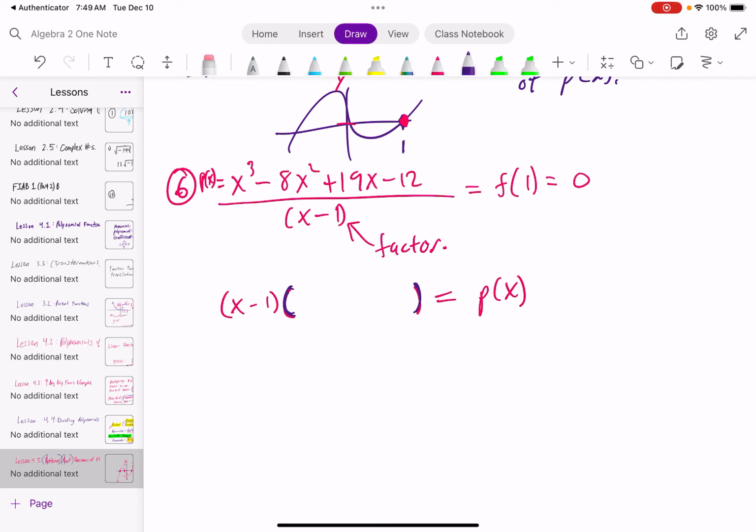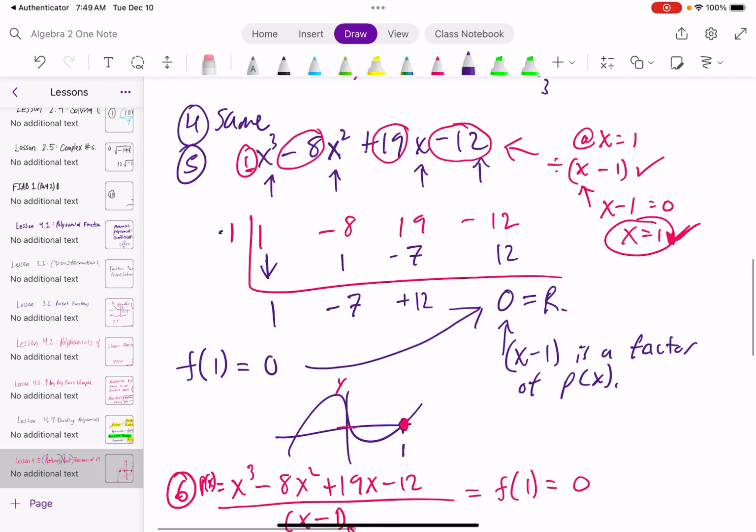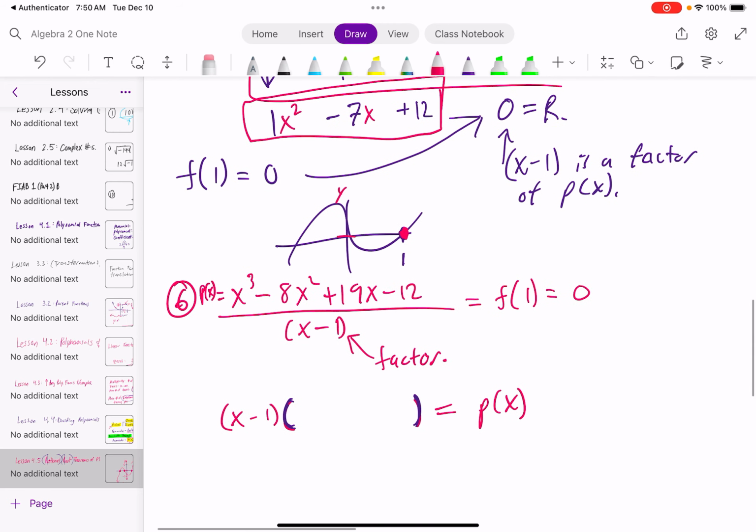Well, that's what you got when you divided this piece here. Because this was x cubed and you're just taking away an x, you're going to be left with an x squared. You're dividing by something with an x, so you're taking that out. So you have x squared minus 7x plus 12 as the quotient. This is the quotient.